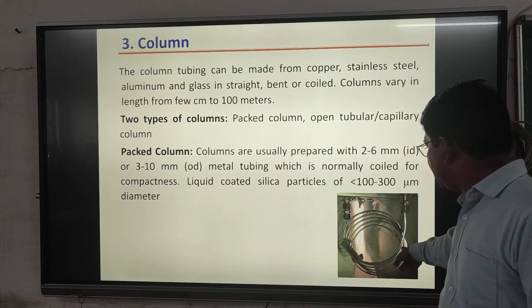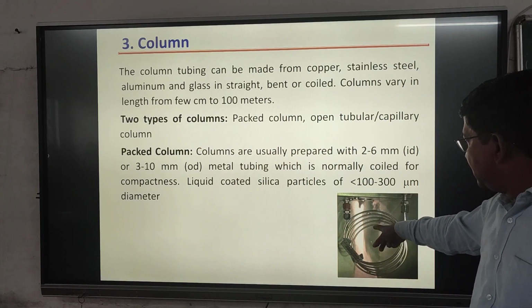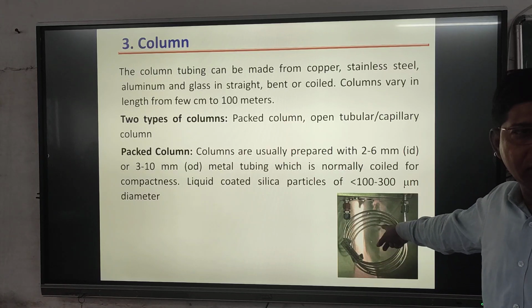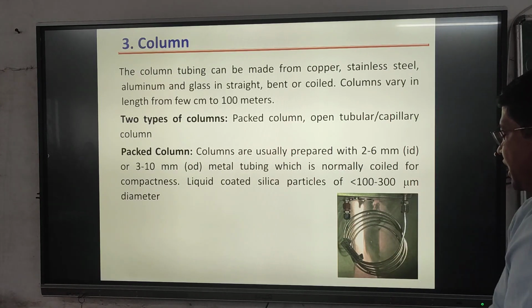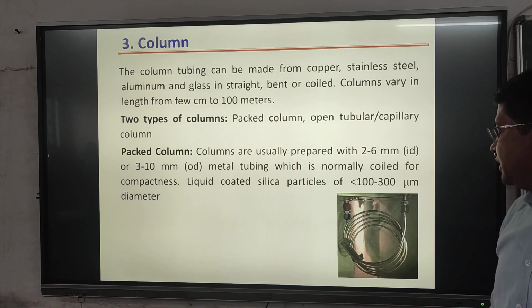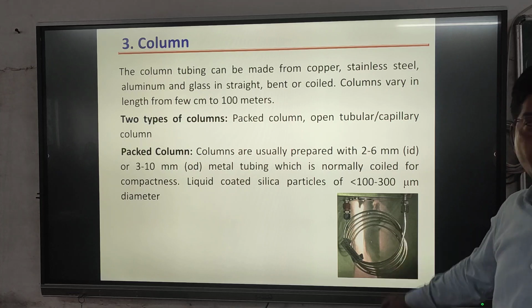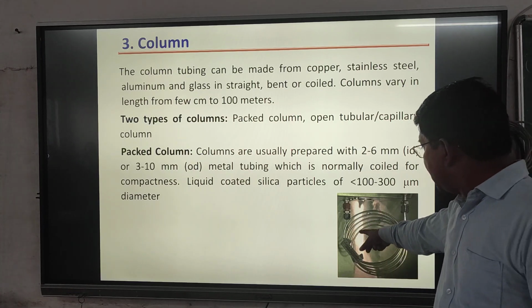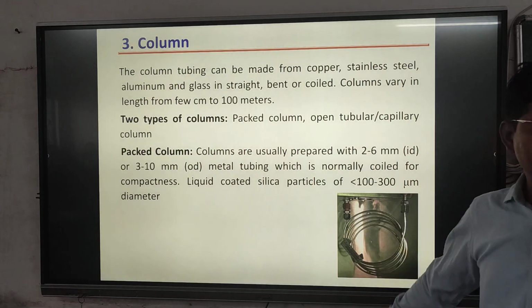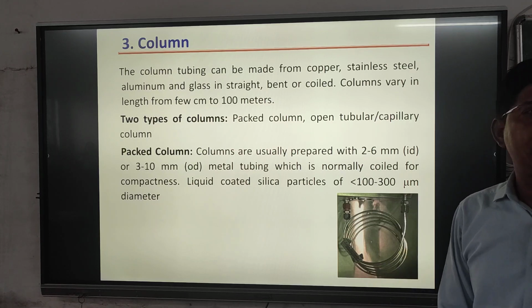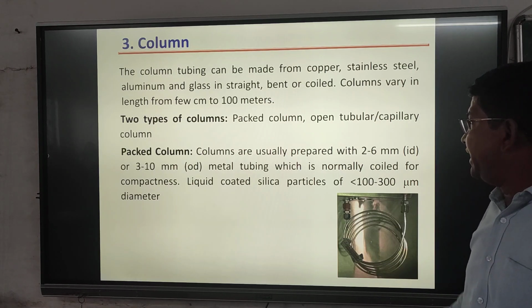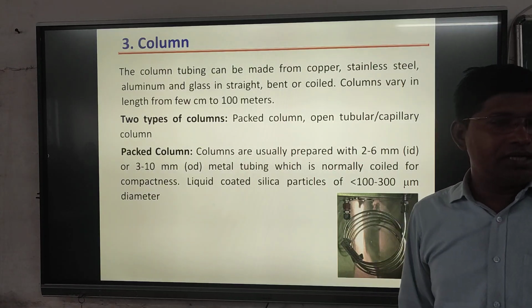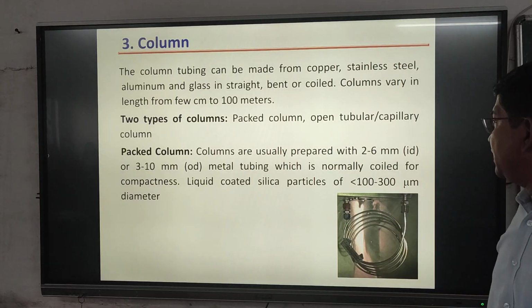So packed column is a... in this image we can see this is a packed column, and the length of this column is about 0.5 to 2 meter, and the outer layer of this column is made up of stainless steel or glass, and inside there is a filling of a stationary phase.